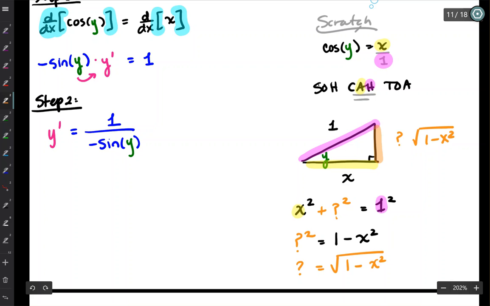So now I can go ahead and answer this question, what on earth is the sine of y? Sine is opposite over hypotenuse, so opposite is the square root of 1 minus x squared, over hypotenuse, which is 1.